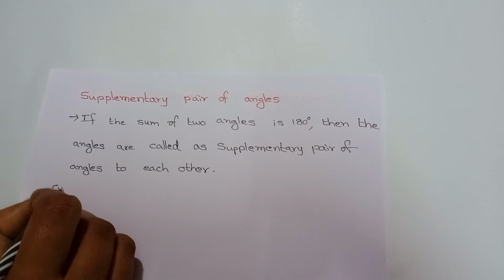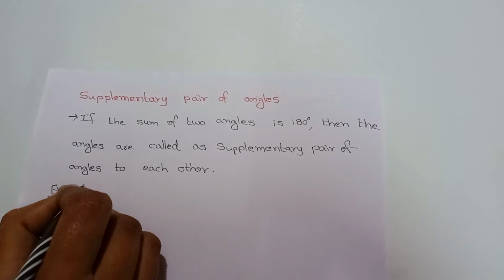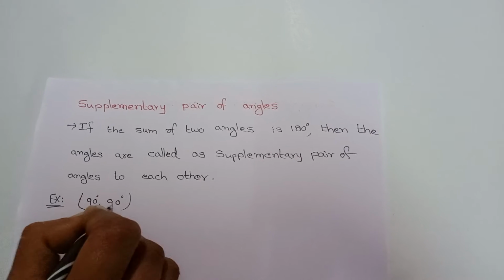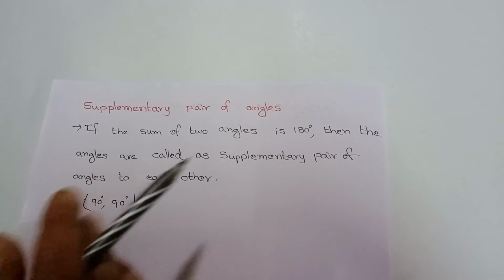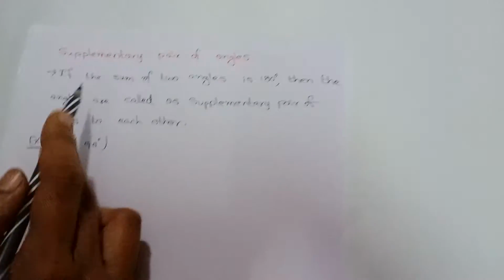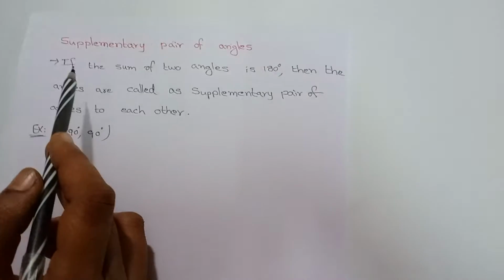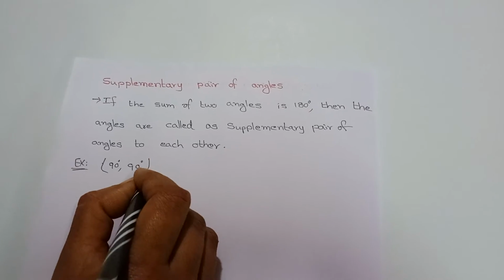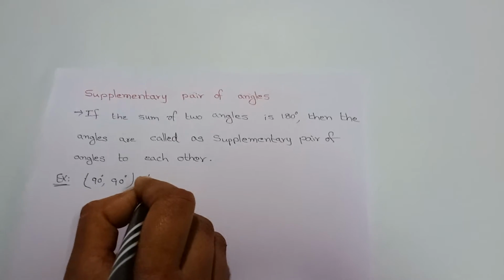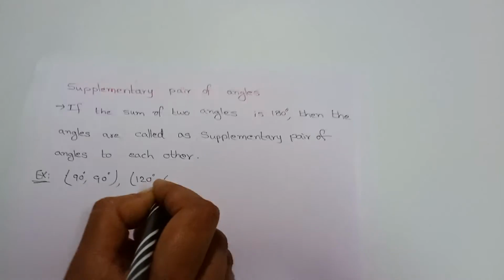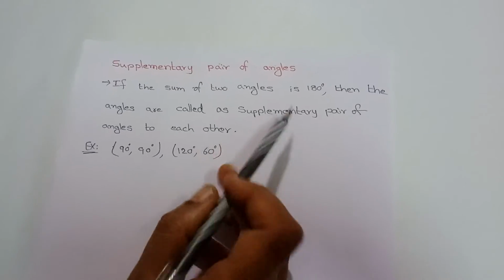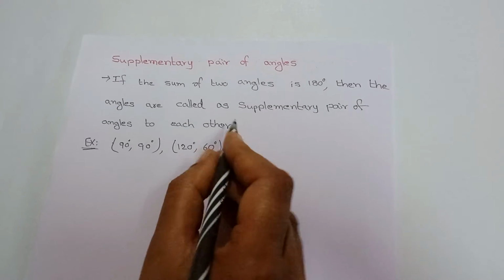For example, take 90, 90. Why? Because 90 plus 90 gets 180. That's why 90 and 90 are supplementary angles. 120 degrees, 60 degrees: 120 plus 60 gets 180 degrees.